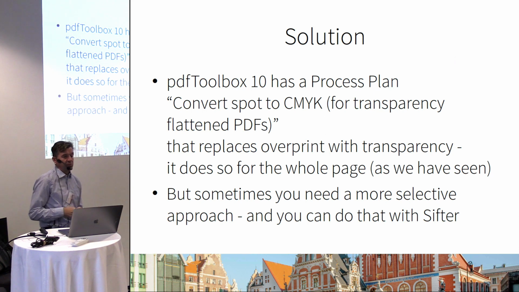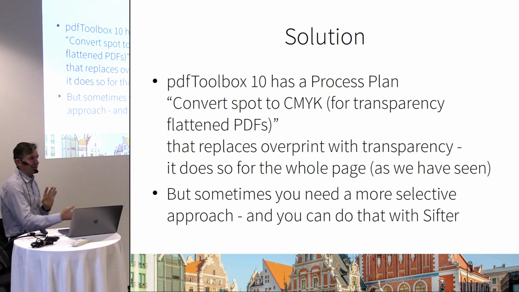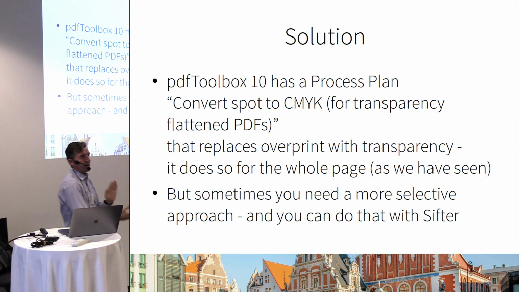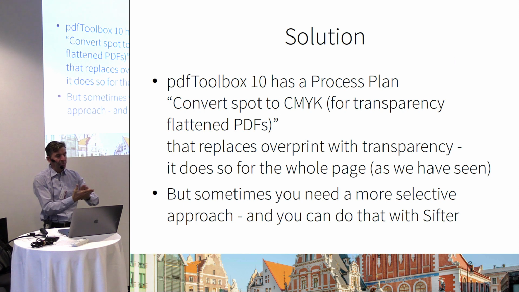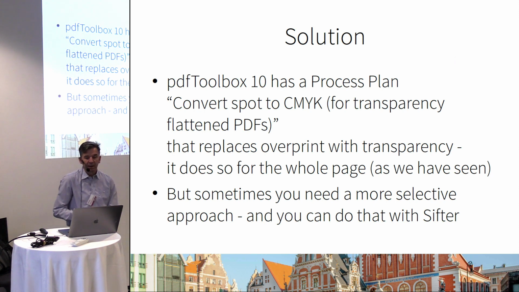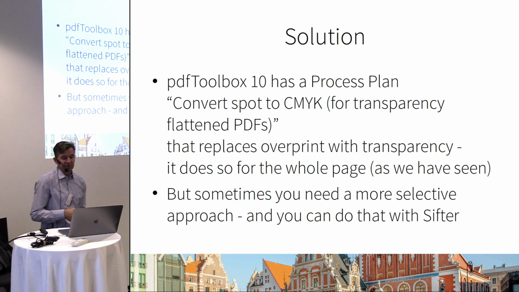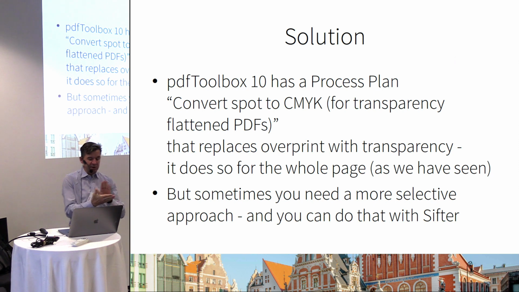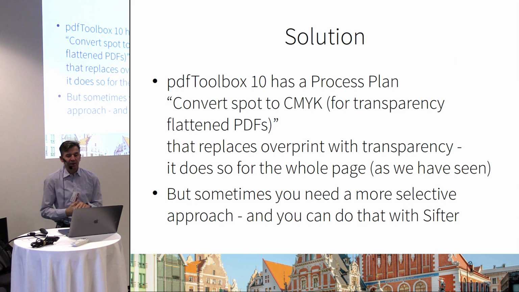But luckily, pdfToolbox 10 invented Sifter, and Sifter allows me to find out about the overprint, whether an object overlaps another object. With this Sifter technology, we can create a process plan again that takes the situation into account, what objects are overlapping other objects.